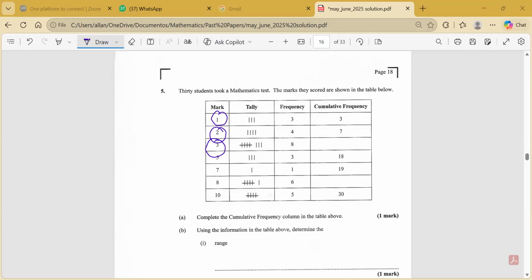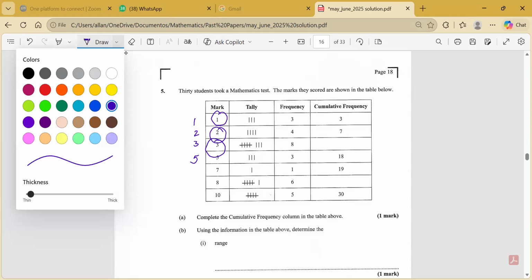Now note here the trap in this whole thing. They started with 1, then 2, then 3, then they jumped to 5. They did that to tie up people, and I'll show you when we do the cumulative frequency.